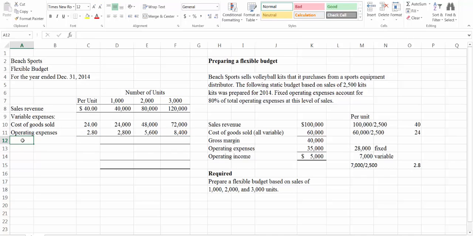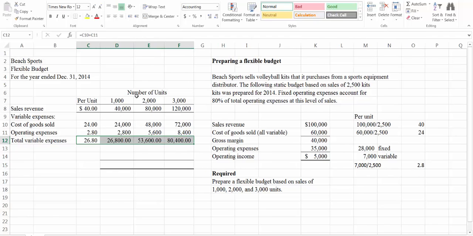We're going to add up our variable expenses. So we'll add up our cost of goods sold. We can add up our per unit also. Okay, we're going to add our cost of goods sold plus our operating expenses all the way across. And that gives us our total costs.